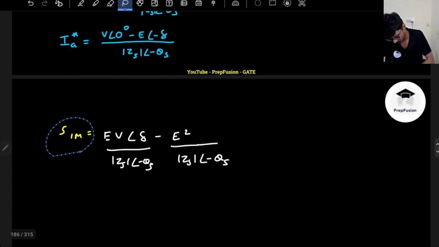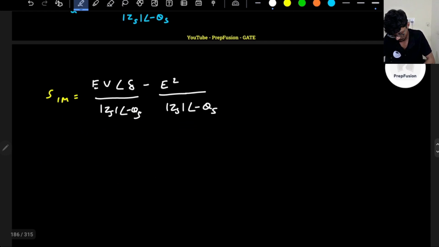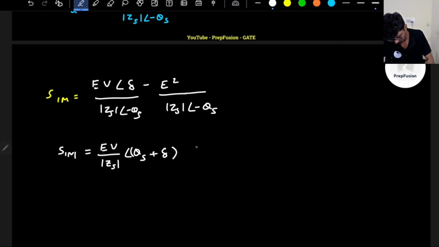So S equals EV over the magnitude of Z_S ∠(θ_s plus δ) minus E squared over the magnitude of Z_S ∠θ_s.